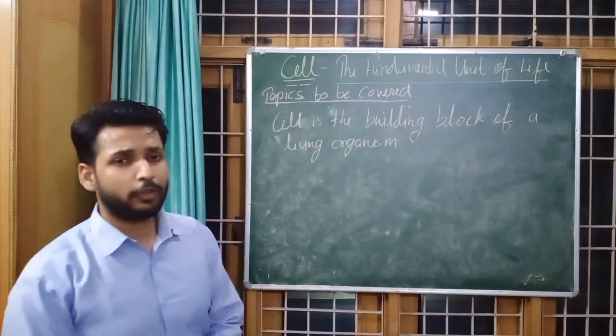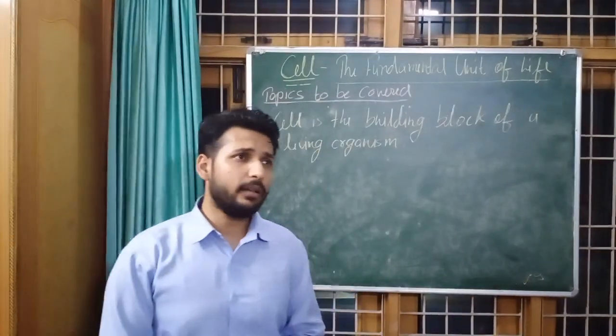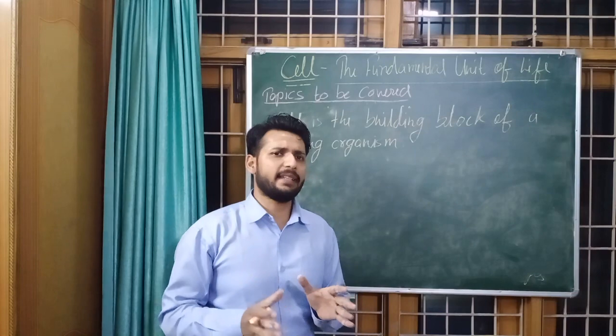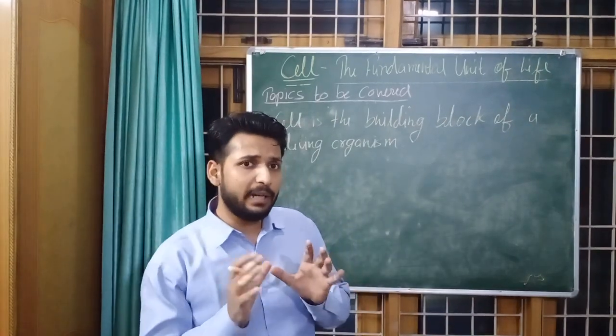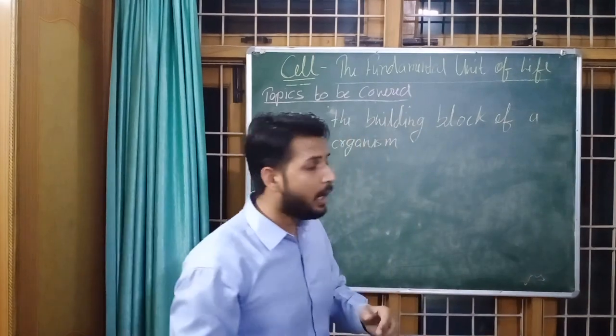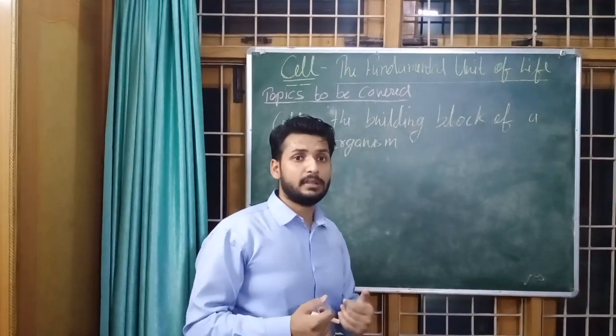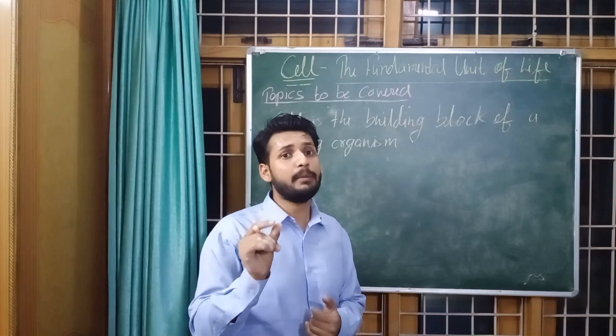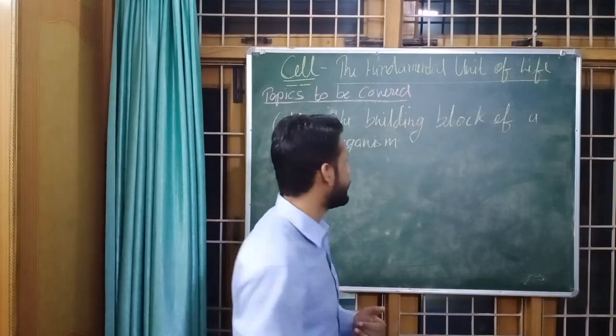Cell is the building block of our living organisms. We can say, suppose we are taking an example of a building. A building is made up of small bricks, right? So in the same way, our body is also made up of cells, small tiny microscopic unit known as cells.